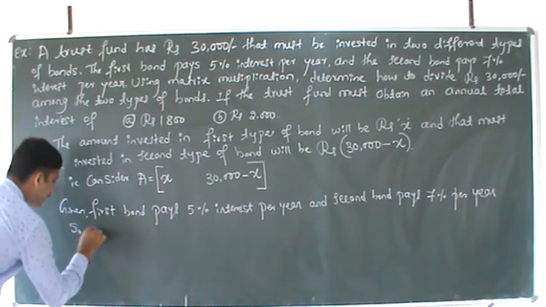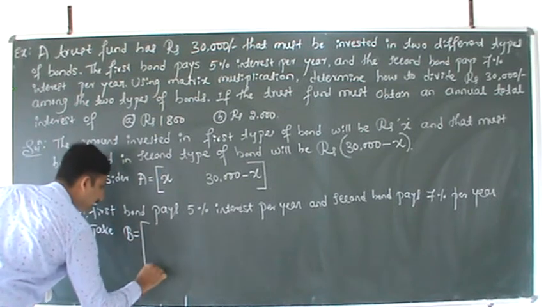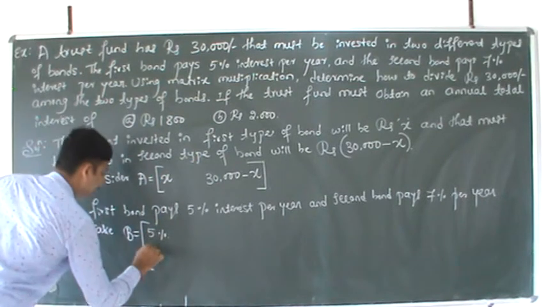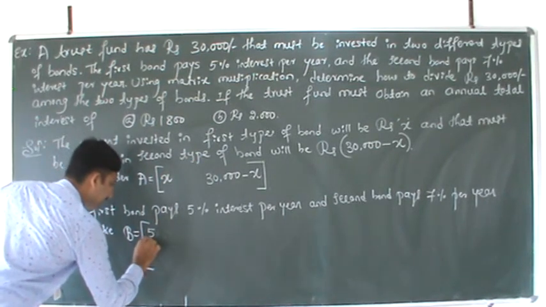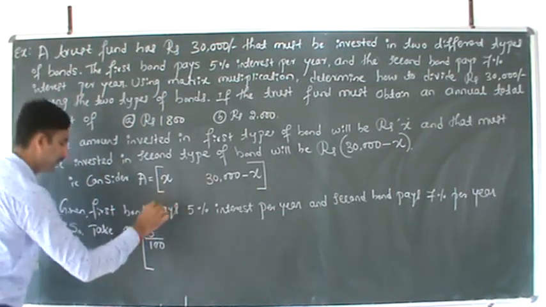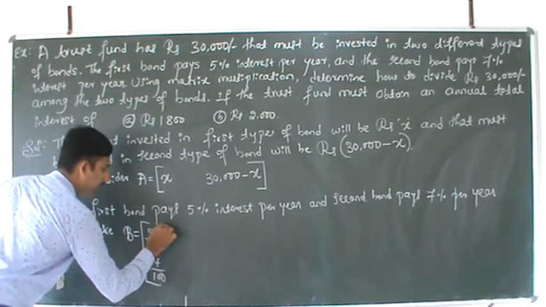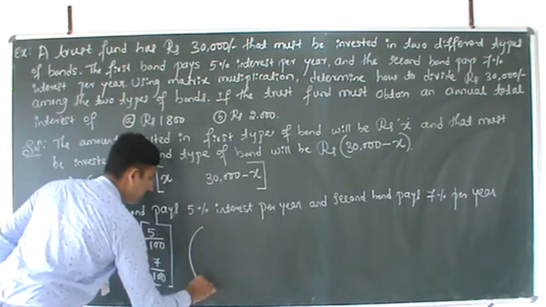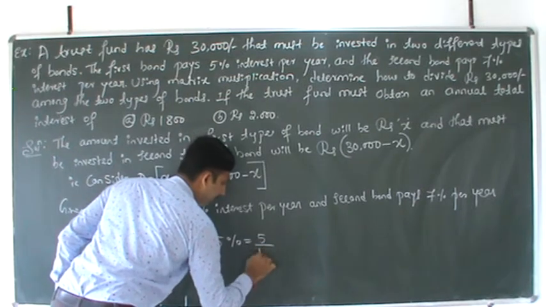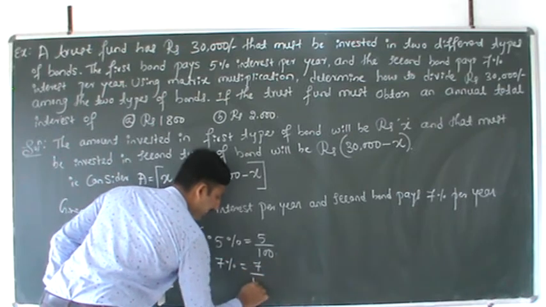So, take matrix B equal to 5%, after that 7%. Correct? You write it as 5 by 100 because of 5%. After that, 7%, which is nothing but 7 divided by 100. Because 5% is equal to 5 divided by 100, and 7% is nothing but 7 divided by 100.